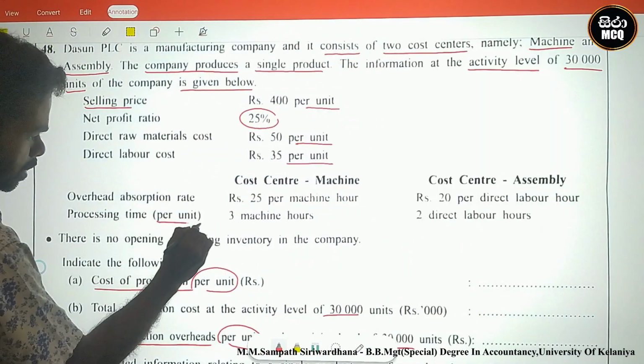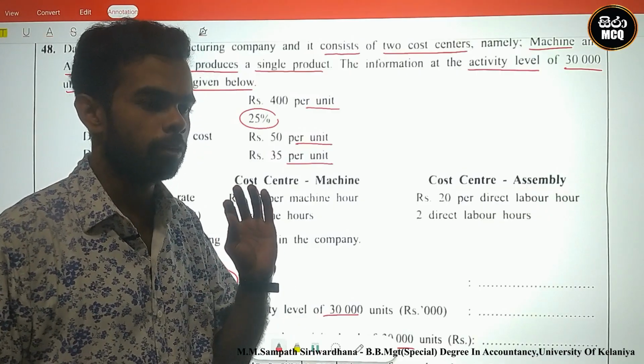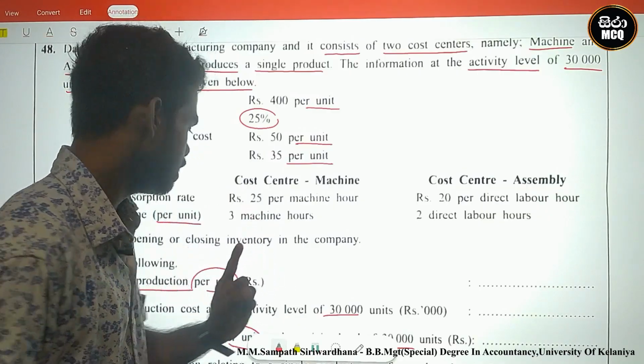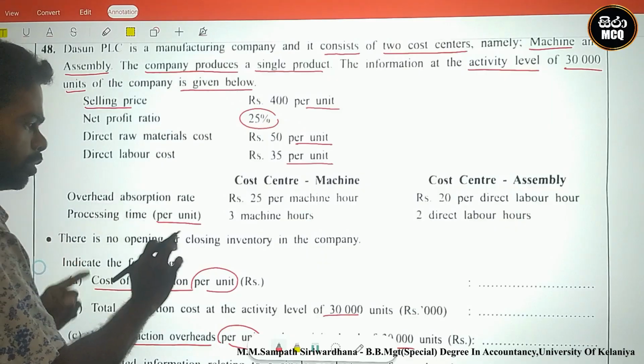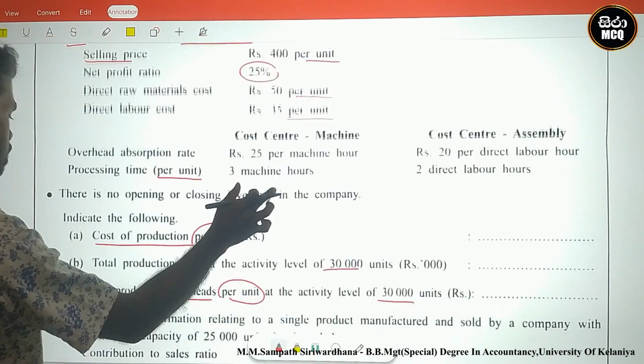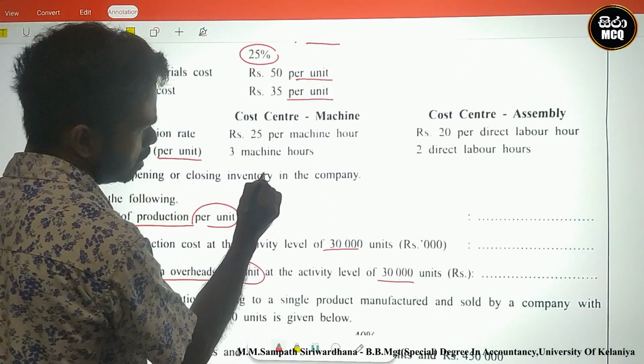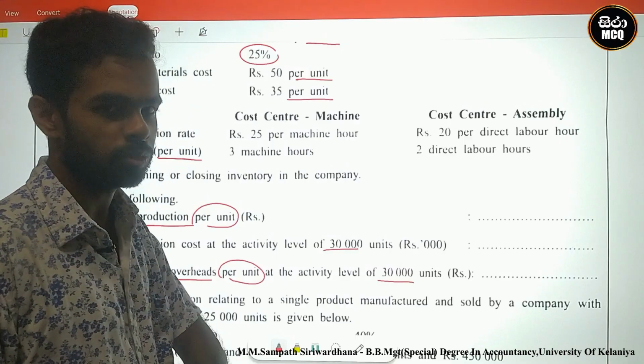Processing time per unit, the actual hours used for 1 unit, is 3 machine hours and 2 direct labor hours. There is no opening or closing inventory in the company.